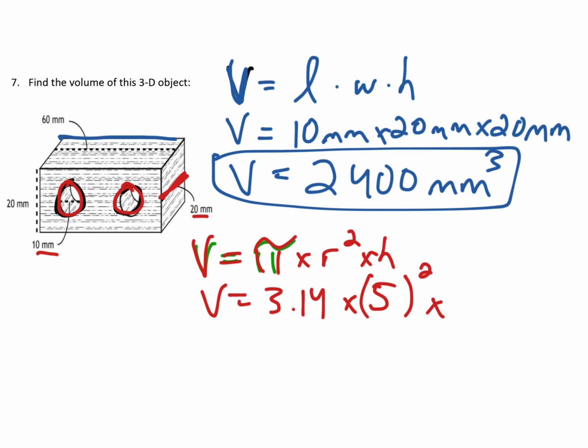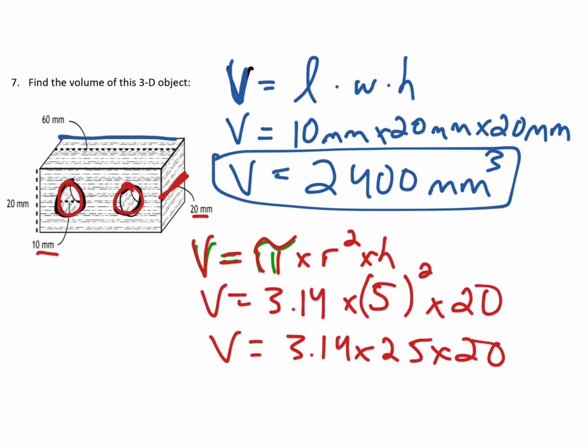So you have to look carefully here. Here it's 20 millimeters. 3.14 times 25 times 20 volume. So I'm getting 1,570 millimeters cubed.